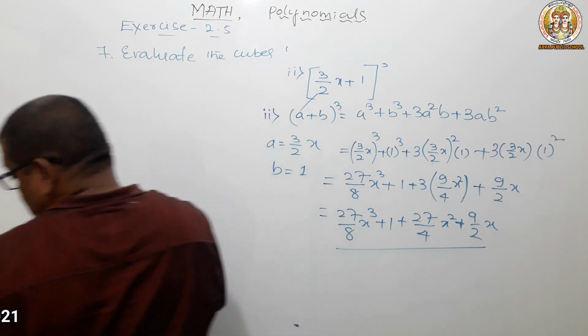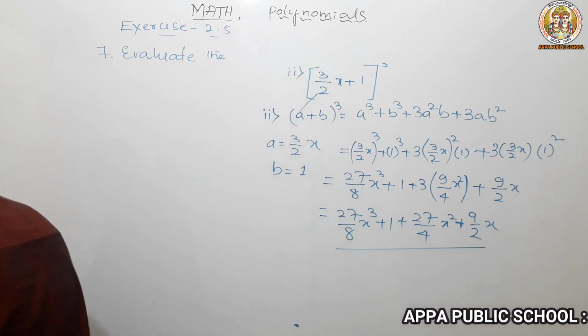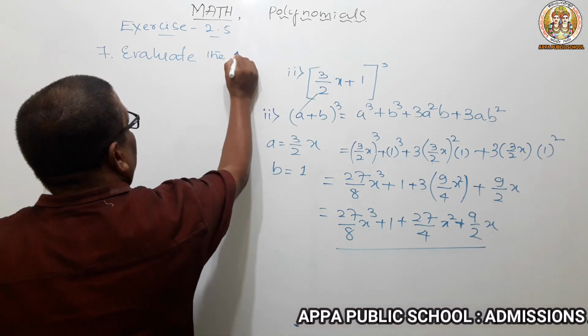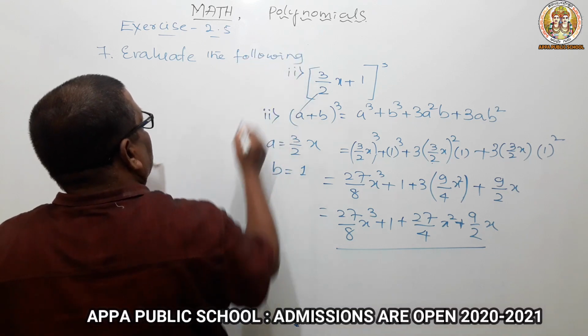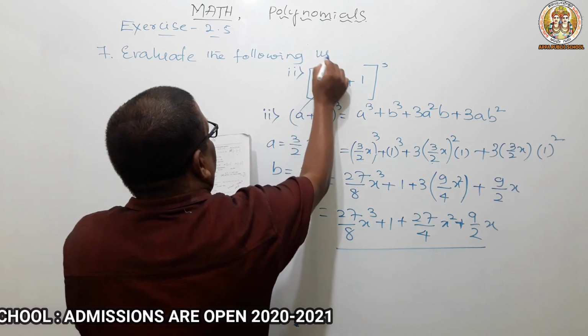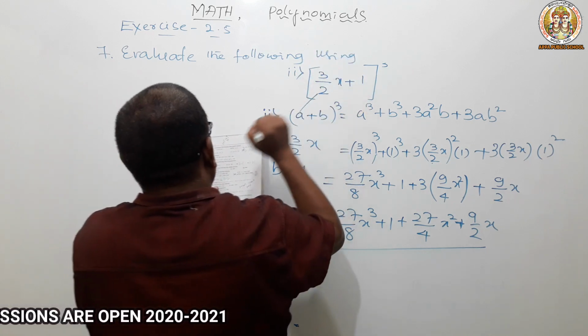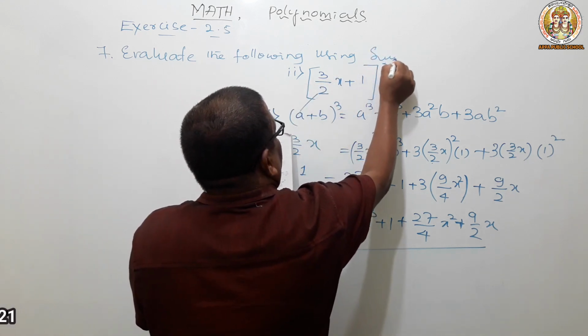Evaluate the following. Just write, evaluate the following by using suitable identity.